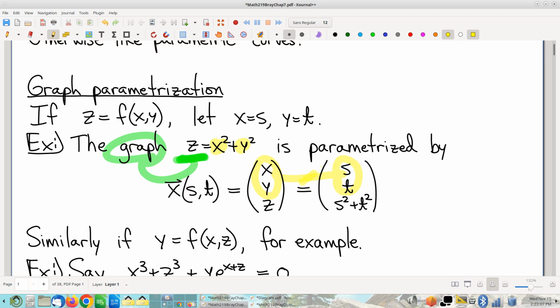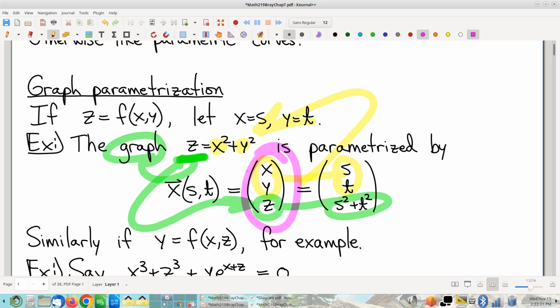But if x is s and y is t, then z unavoidably is s squared plus t squared. And we win. We have, as desired, position as a function of two parameters s and t. Works for any graph. Right? Super convenient, super handy, very often the right choice.